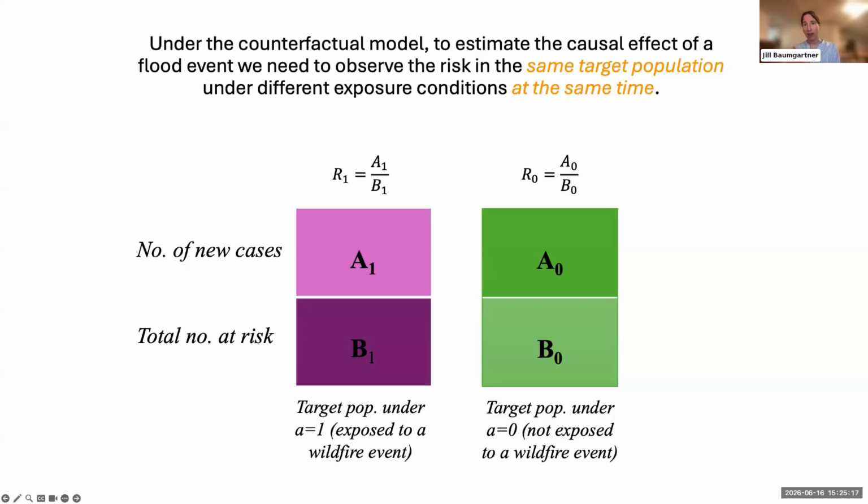And then we have a no exposure scenario, R of zero, where it's the same target population. So you're observing them at the same time period, but under a different exposure condition where they're not exposed to a wildfire event.